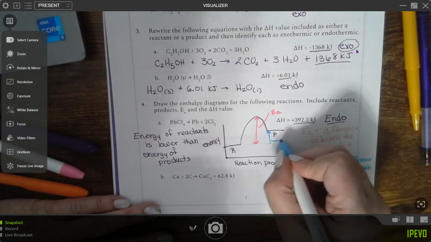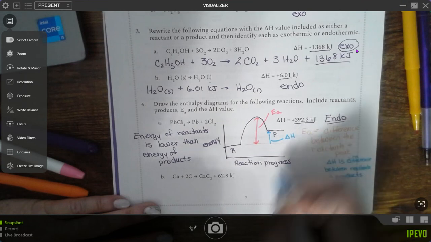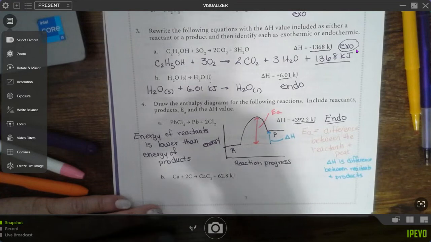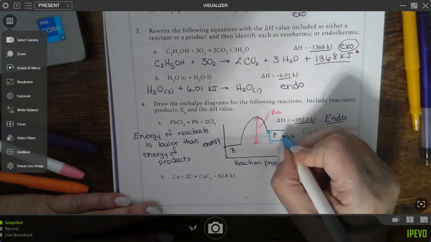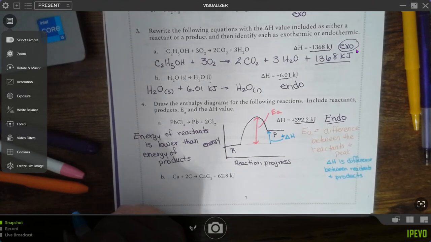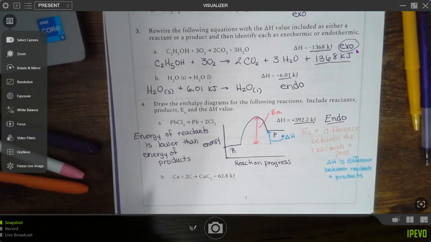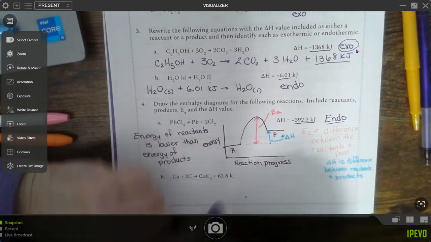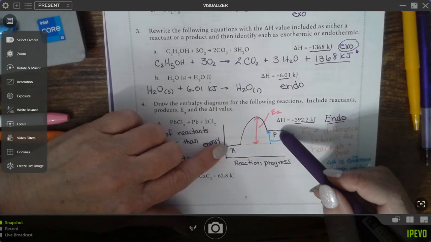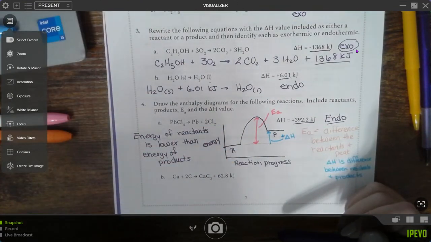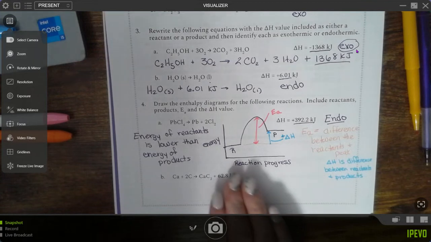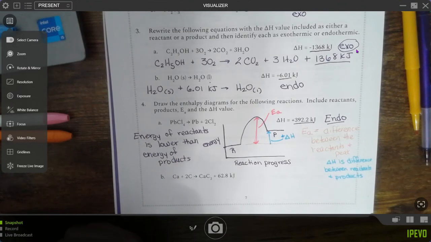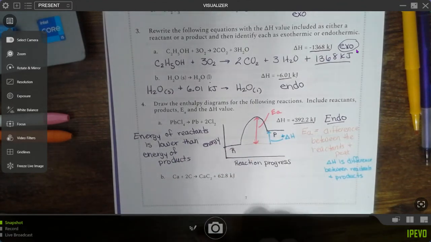And this amount of energy is called delta H. And notice that I started at the reactants and I went up. So I was increasing. That tells me that delta H is positive, okay, because we're going up. And it's an endothermic reaction, okay? So let's look at, and notice I didn't spend any time worrying about how far the reactants and the products were from each other or how high the activation energy. What I'm really looking for in this situation is that you know the basic shape of the enthalpy diagram.